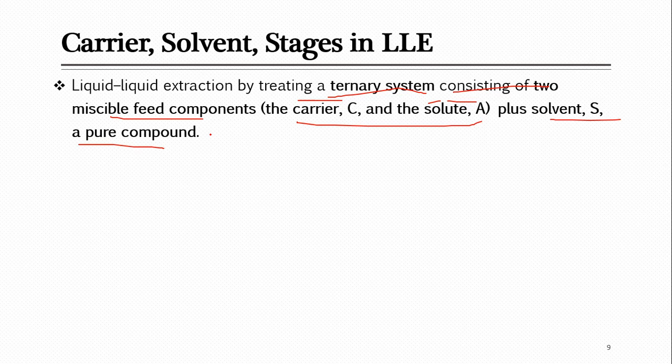They are miscible with each other, soluble with each other. When you bring them in contact with the solvent, an externally introduced pure component, this solvent will extract the solute A from the carrier and carry it away with itself.